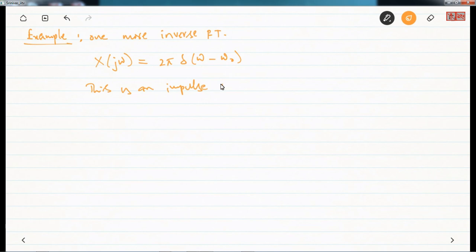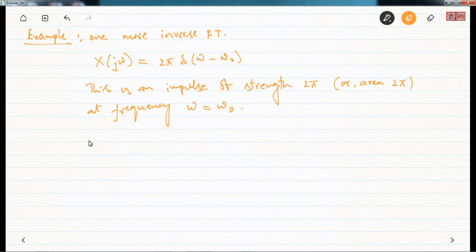This is an impulse of strength 2 pi, or area 2 pi, at frequency omega naught.